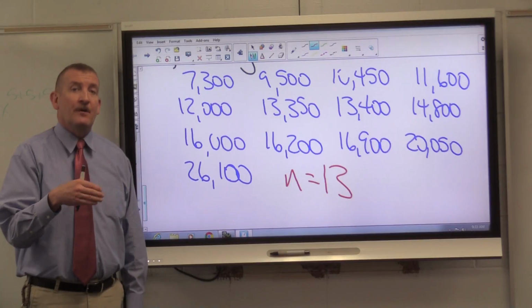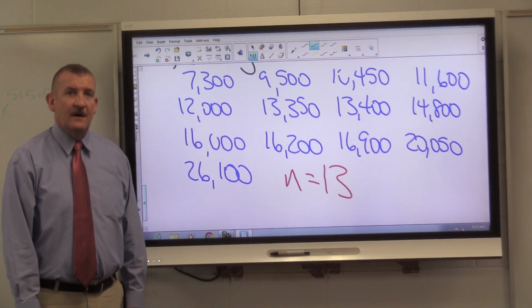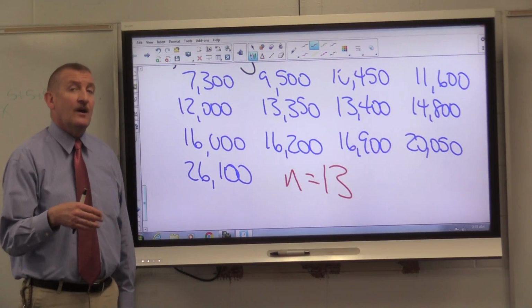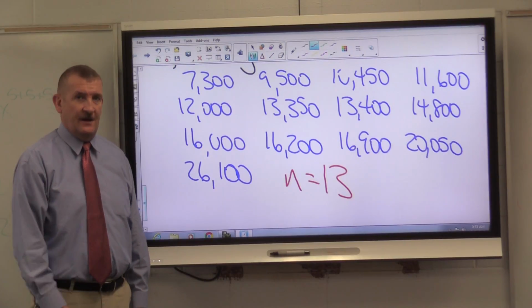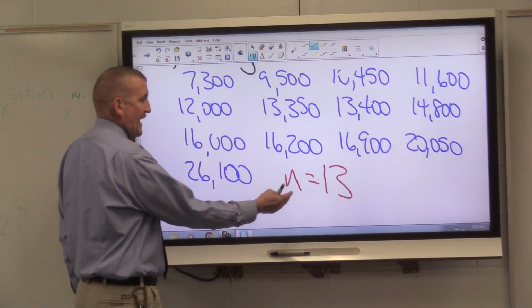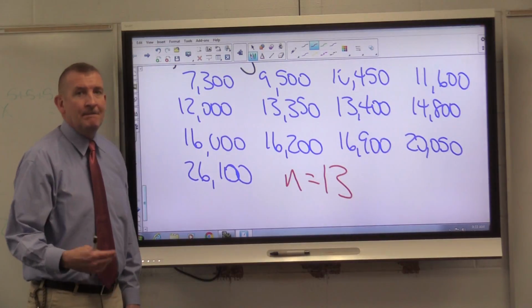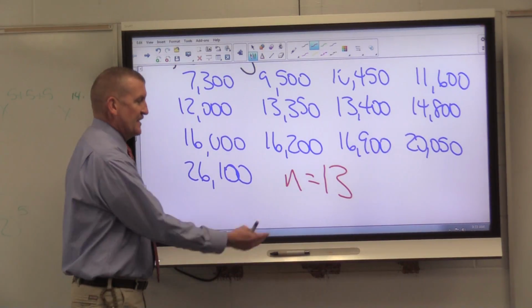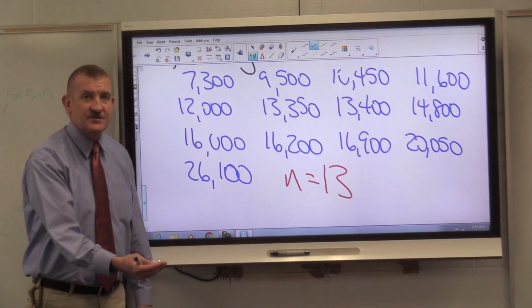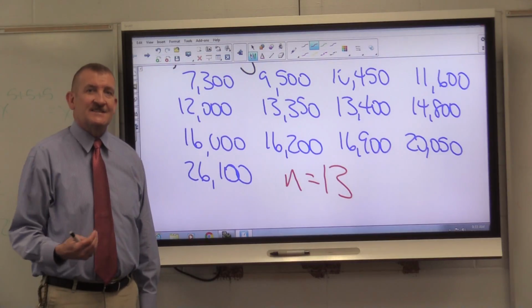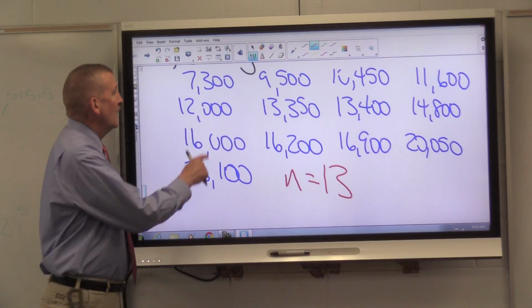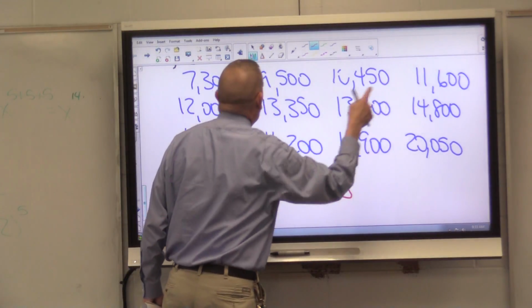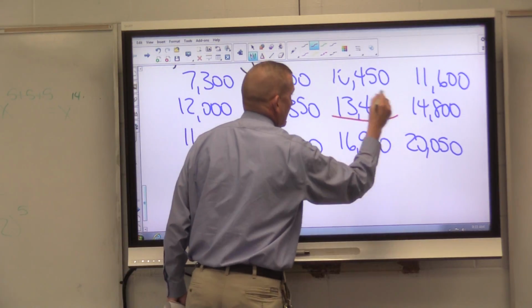So now from our previous lesson, a couple days ago, everybody ought to be able to calculate the median of your data set. Since I have 13, it's the middle number. That means I'm going to have 6 numbers that are below my median, 6 numbers that are above my median. 1, 2, 3, 4, 5, 6.